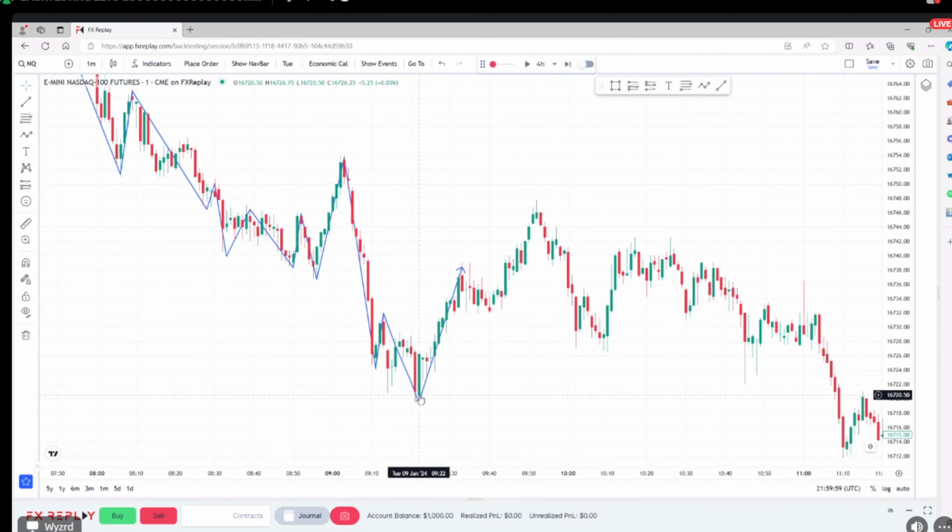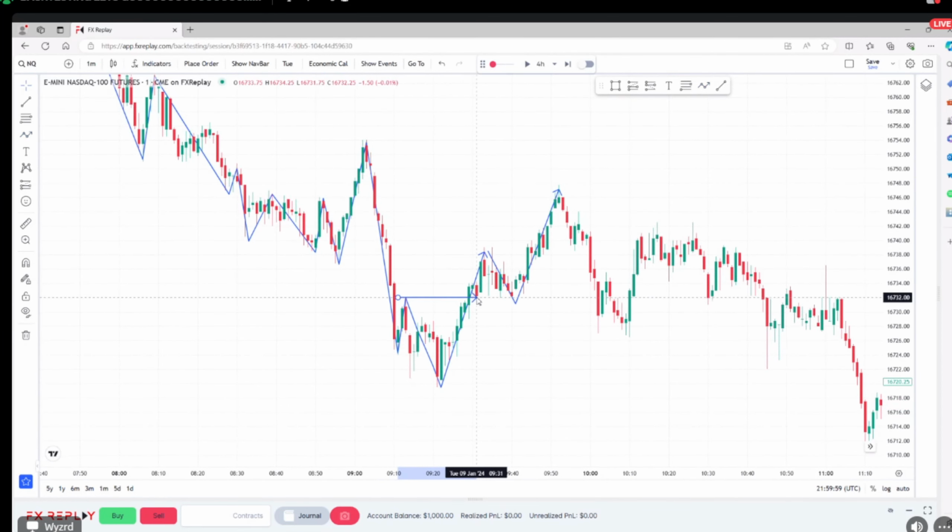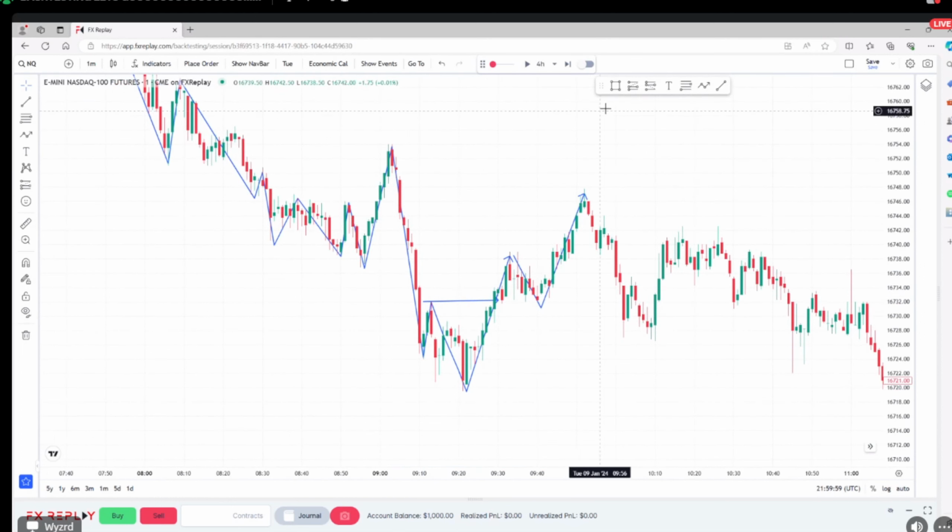But right here is open. We get a break of structure back to the upside right before open on this one, so that would make this your zone that you're going to want to long.